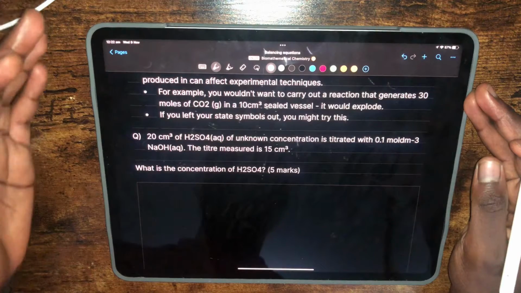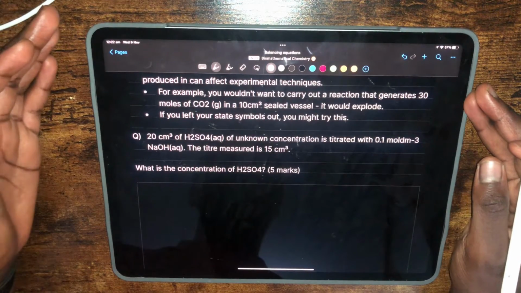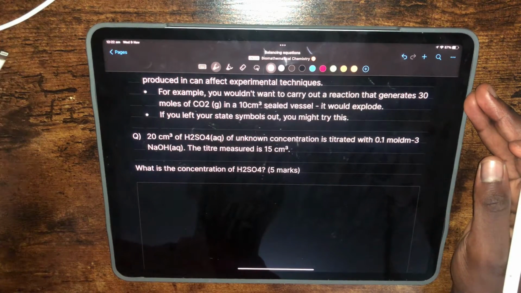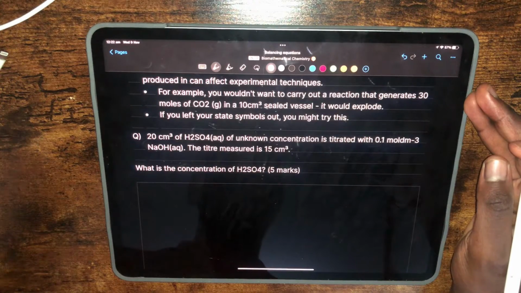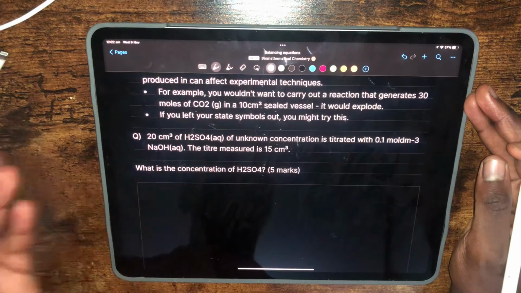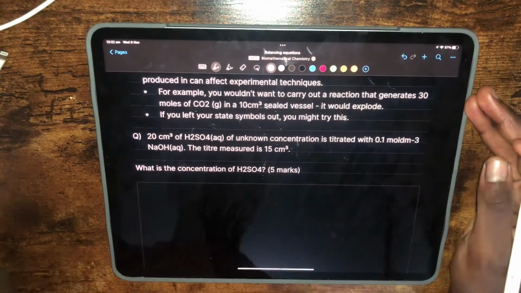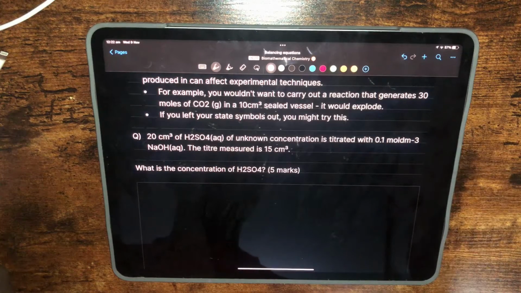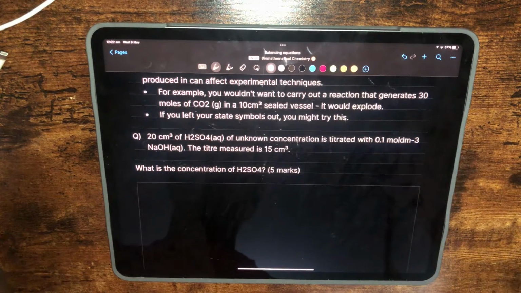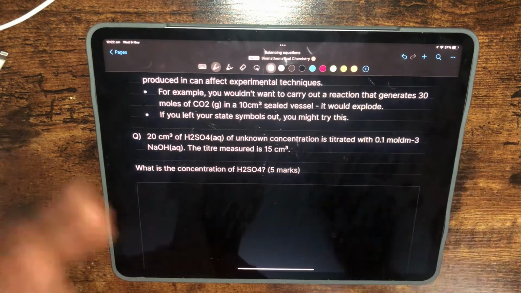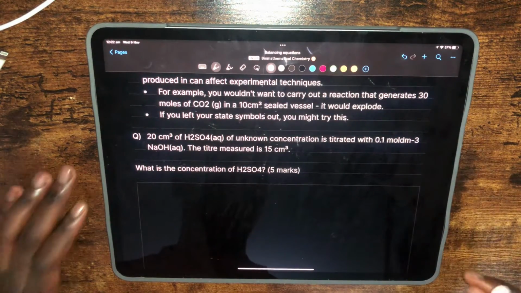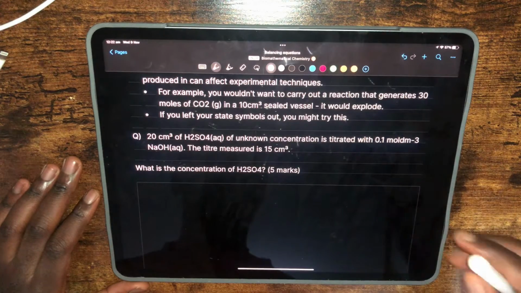And in year 2, when you're talking about entropy, understanding gases, solids, and liquids and how they affect entropy matters. I'm going to make a video about entropy later on, but state symbols affect entropy much more dramatically, because gases increase disorder more since they move around more. That's why I say these things.